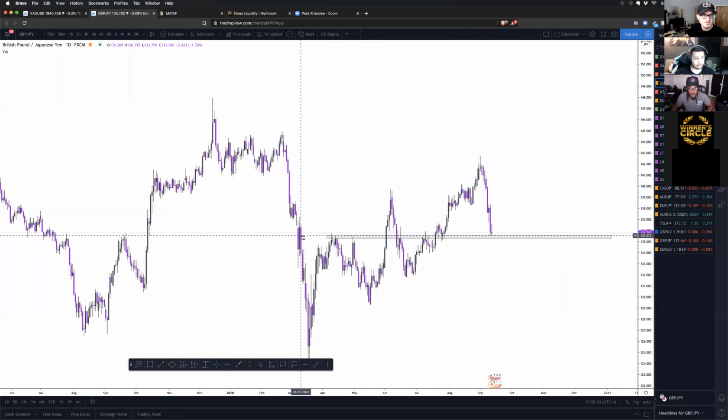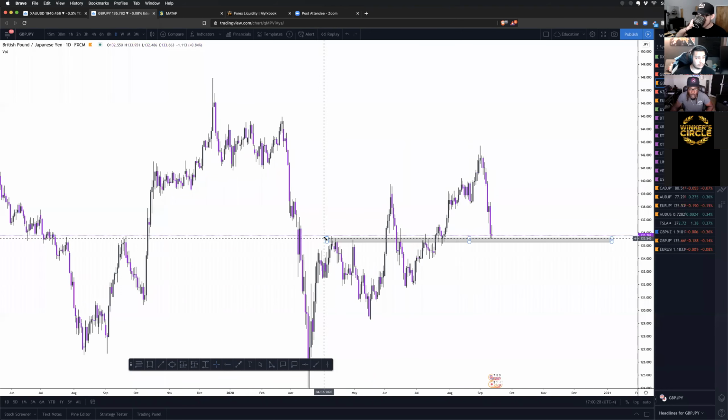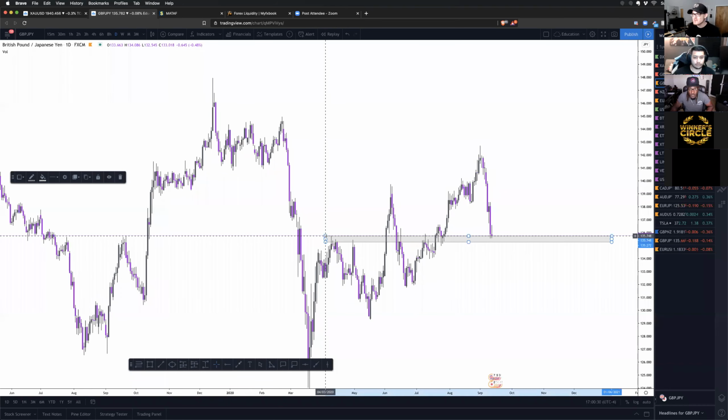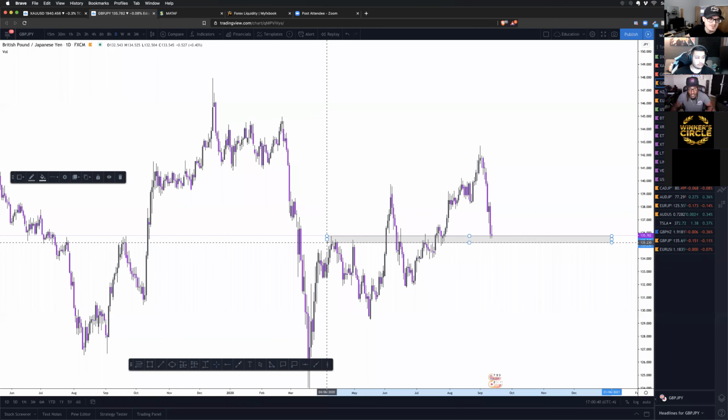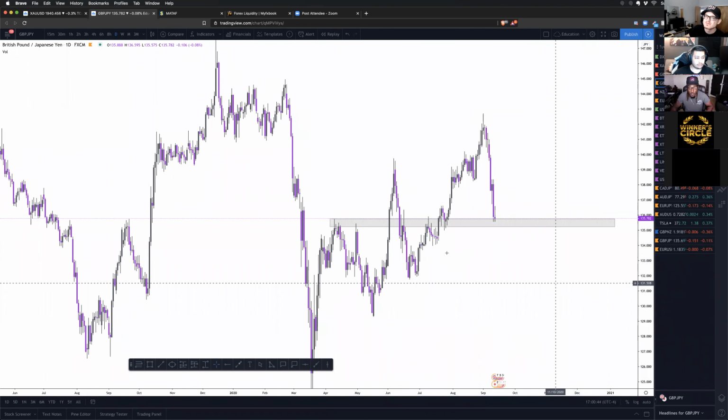I do my zones typically, depending on the time frame, but a good rule of thumb is tip of wick to the tip of the body of the candle. In this case, I'm going to use the bodies here. I like to see a bullish and a bearish candle to confirm that support or resistance.